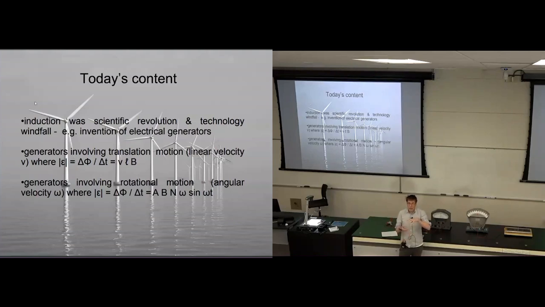Over the last 200 years, roughly, we've learned how to harness or harvest that flow in the atmosphere and in the oceans, to turn that motion into electrical currents and electrical power.